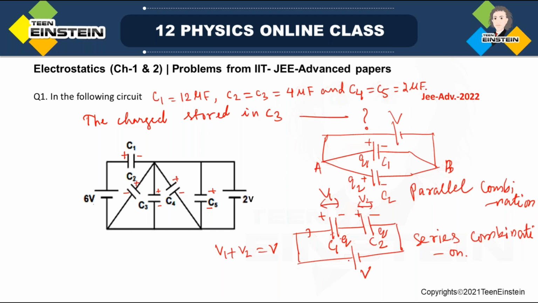Whatever charges are sent by the battery should come up to the negative. The same charge will flow through the circuit. In the parallel case, the total charge may be Q, but it is the sum of the two charges. If charge Q comes here, it is divided into Q1 and Q2, and then it combines to Q1 plus Q2 to make it Q.